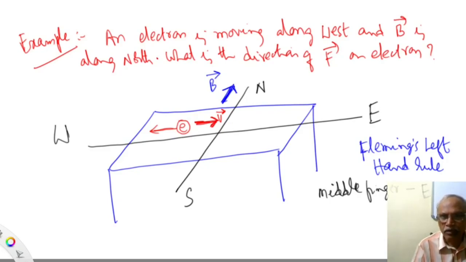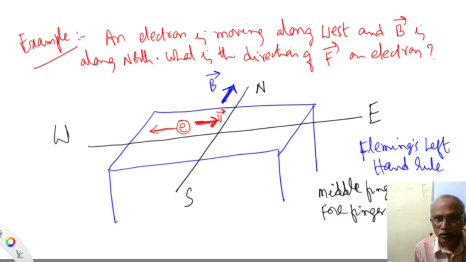Middle finger along V bar, and index finger, forefinger, is along the magnetic field.